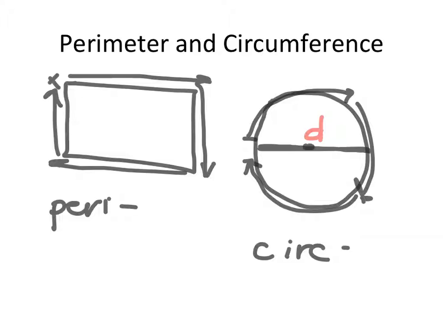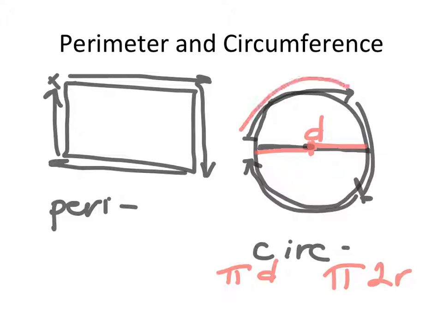So the formula for this is pi times d. Or we could say pi times 2r if we looked at just the radius. We would need 2 of those. And then if we had 2 of those, that would also go around the outside 3 and a little bit more.